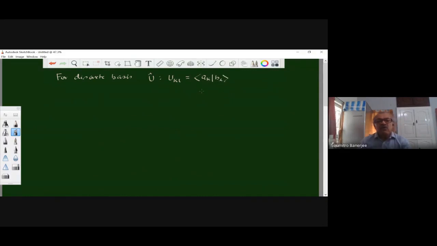So now, if you want to convert from X basis to P basis, we have to do something similar, right? But it is now a continuous basis.